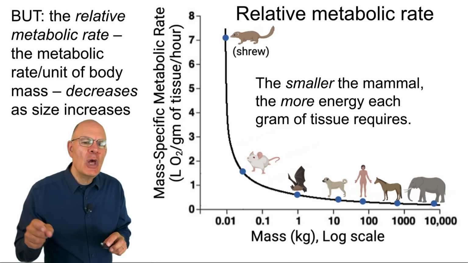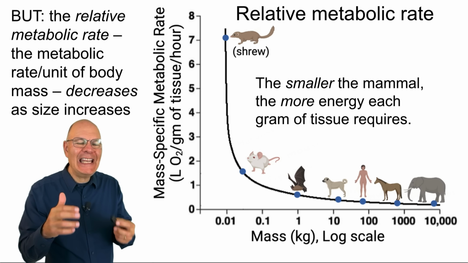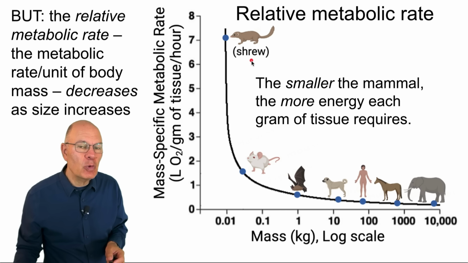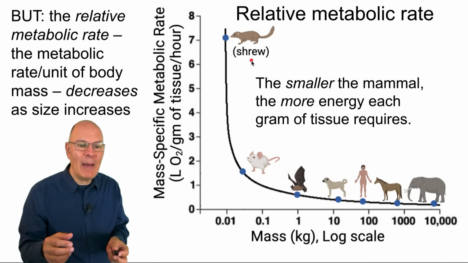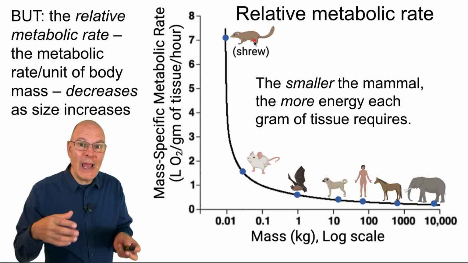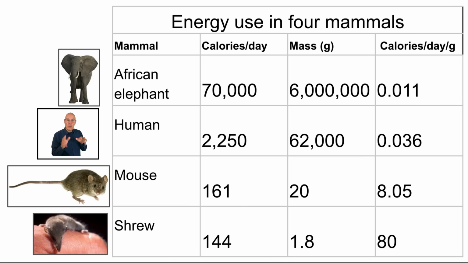In other words, the smaller the mammal, the more energy each gram of tissue requires. So a shrew, which is the smallest mammal, is using much more energy in each gram of its body tissue than is an elephant. To make this a bit more real, let's compare energy use in 4 different mammals.